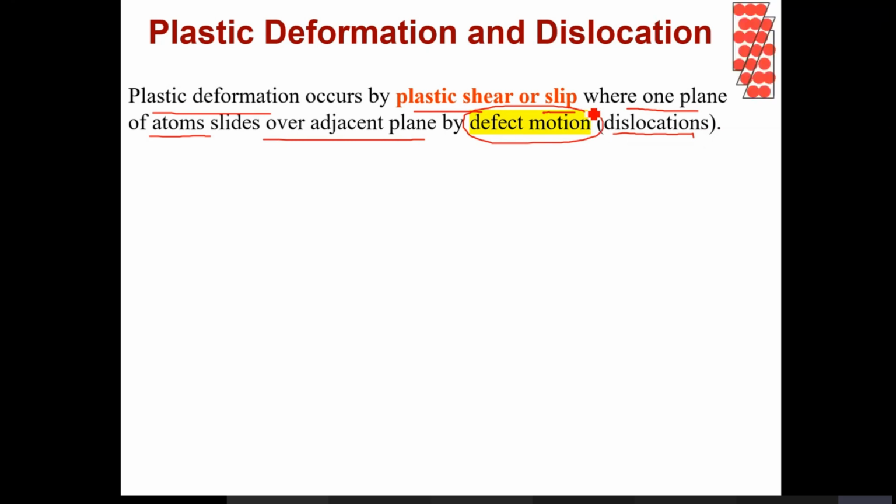You've already seen that when you are having a sample being stretched beyond the elastic limit, the planes were shearing on one on top of another, and this caused a permanent deformation in the material. The important thing over here is that this plastic shear or slip is basically something that requires the defect motion.